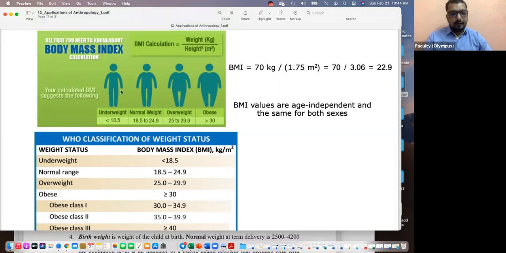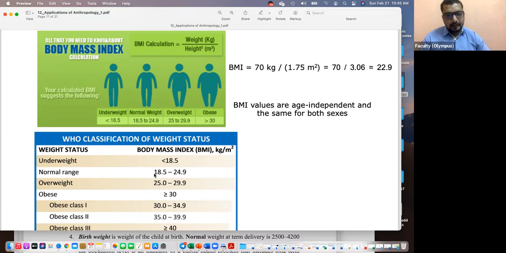Below 18.5 is underweight and the normal BMI index should be 18.5 to 24.9. So it is a very simple measure: calculate weight and height and you can compute the BMI index. Nowadays we have online calculators where you put in your weight and height, and they will calculate the BMI and give it to you.